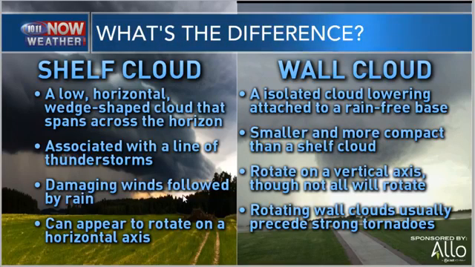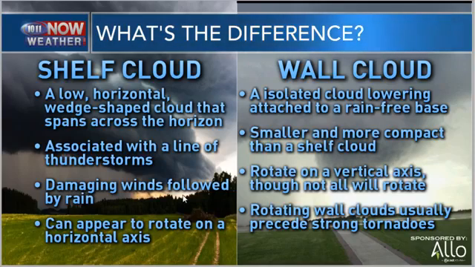So the shelf cloud will look like a low horizontal wedge-shaped cloud that spans across the horizon. It's usually associated with a line of thunderstorms, and usually the damaging winds can follow. Not all the time, but the winds are usually on the gusty side once this shelf cloud moves through the area, and then it usually is followed by heavy rain.